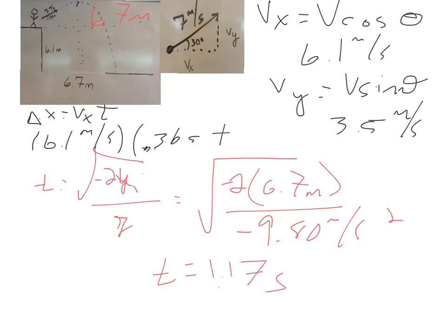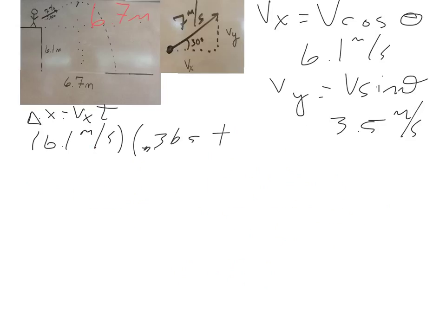So I'm going to throw that right here as well, 1.17 seconds, because that's going back into my initial x displacement equations, because I was, again, just solving for time. So let me go ahead and get rid of everything that does not matter, and I'll have to put that 1.17 seconds back again. Sorry, 1.17.